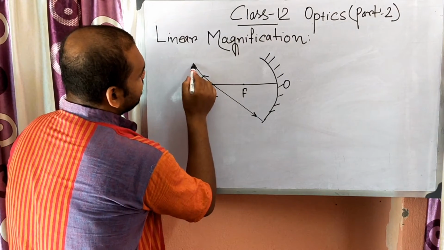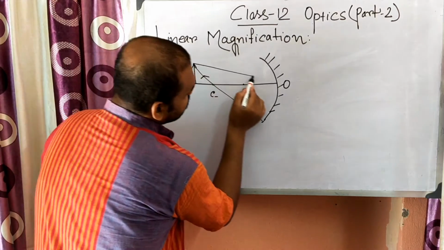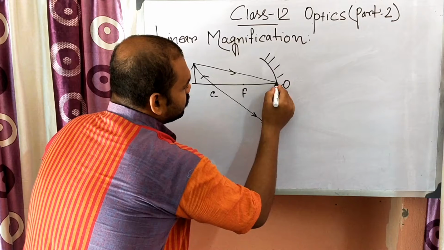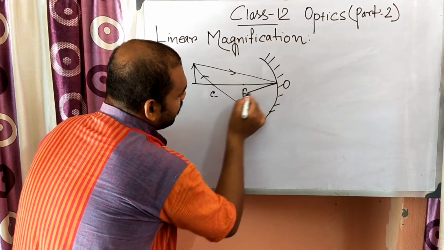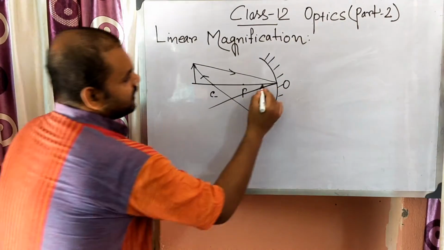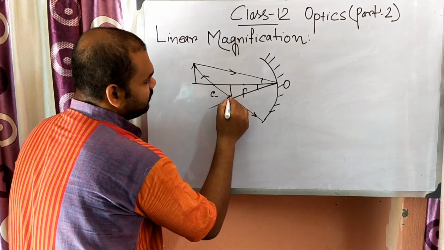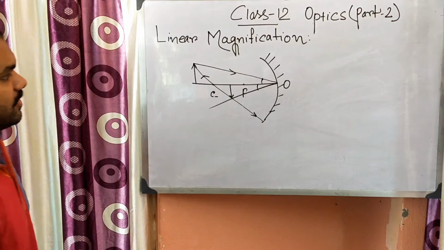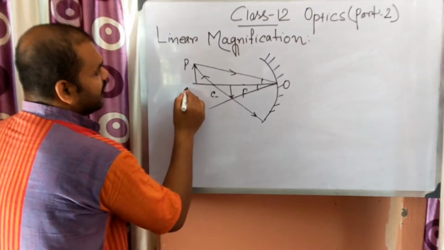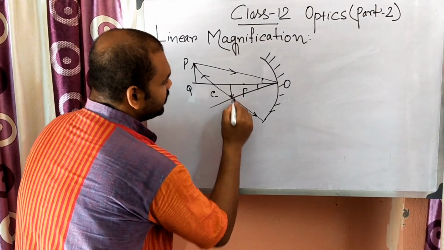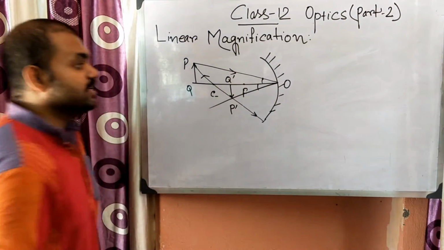Another ray which is directed towards the pole, after reflection will come back like this, keeping these two angles the same. So we will get an image over here. Suppose PQ is the object, so P prime Q prime is the image.